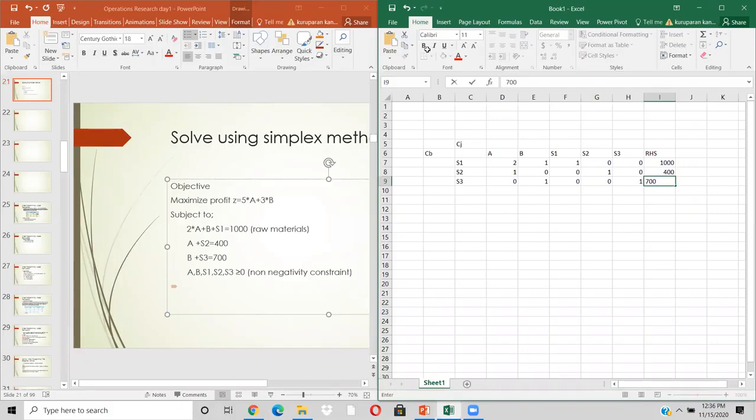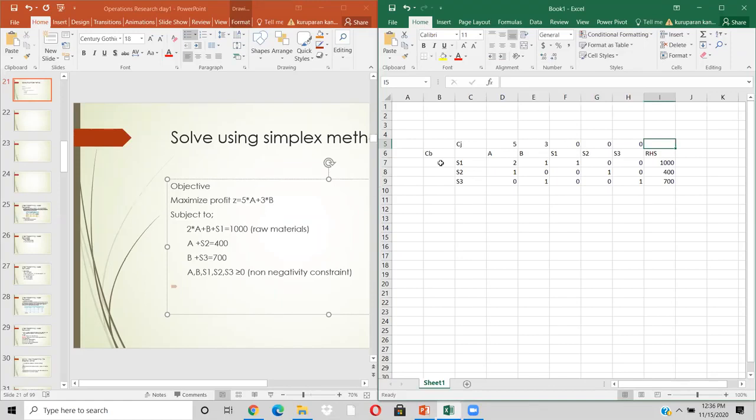What is this Cj? Cj is the coefficients of A, B, S1, S2, S3. What is a coefficient? Coefficient means the part before the A. What is the coefficient of A? That's 5. What is the coefficient of B? That's 3. What is the coefficient of S1? 0, S2, 0, S3, 0.